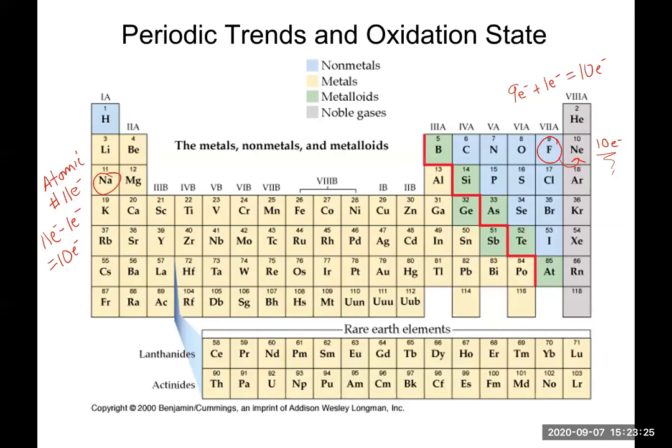So if sodium were approaching fluorine, sodium could essentially transfer an electron to fluorine. That way sodium is giving one up, and fluorine is accepting one. In transferring that 1 electron, sodium now becomes Na+. In accepting that 1 electron, fluorine now becomes F-. And so we have a situation where both of them now have this perfect octet.